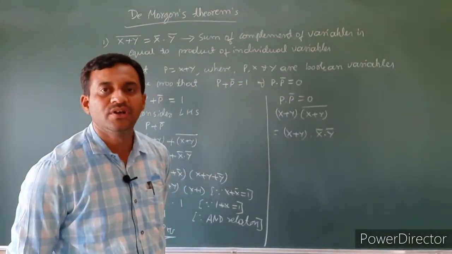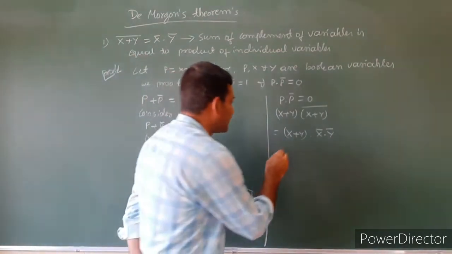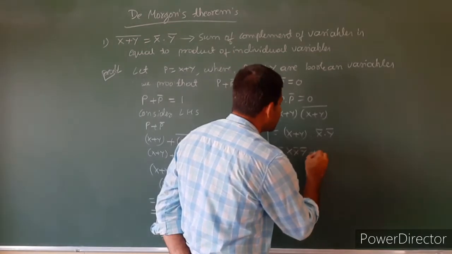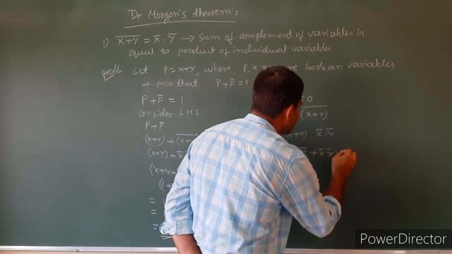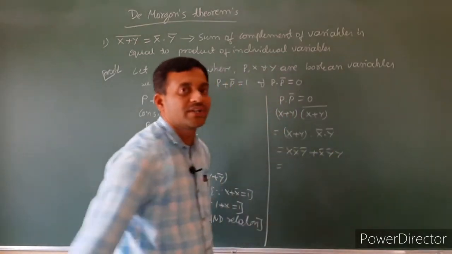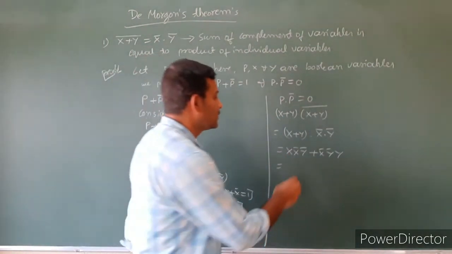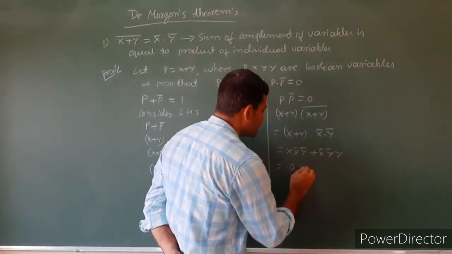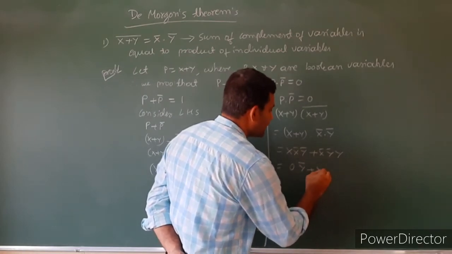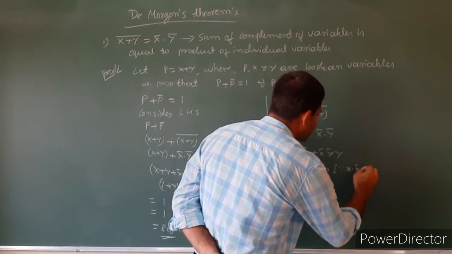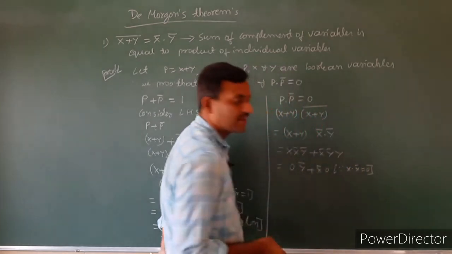Just multiply the terms. Then the terms are x bar y bar x plus x bar y bar y. What is the value of x bar x in the complementarity law? x into x bar is equal to 0. So 0 into y bar, and then x bar into 0. Why? Because x into x bar is equal to 0 in the complementarity law.